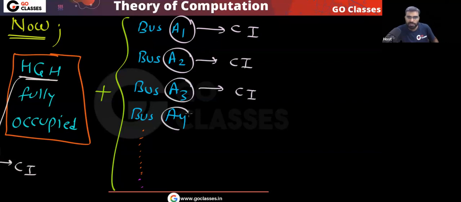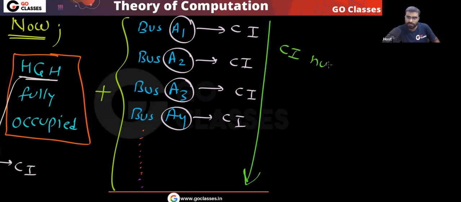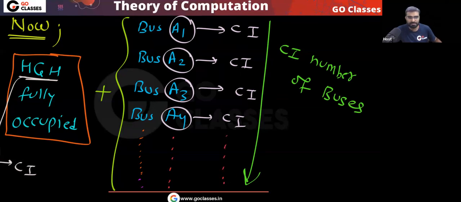And in total, how many buses are there? Countable infinite number of buses. One day, this many new guests are coming. Every bus is countable infinite. In this bus, how many people are there?